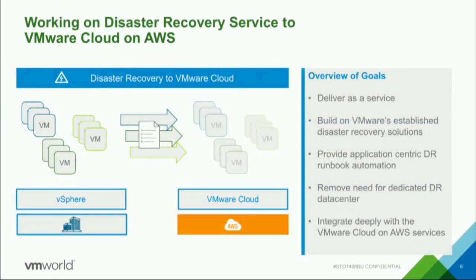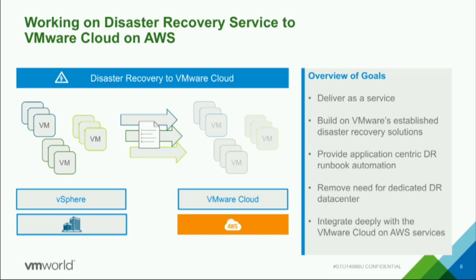So tying into what Ben was just talking about, the way that we wanted to do that is using things like Site Recovery Manager and vSphere Replication. Again, tools that if you've done anything with disaster recovery with VMware, you're familiar with, you have experience with, and that integrate really well with what VMware is already doing and what we're planning on doing with VMC on AWS.